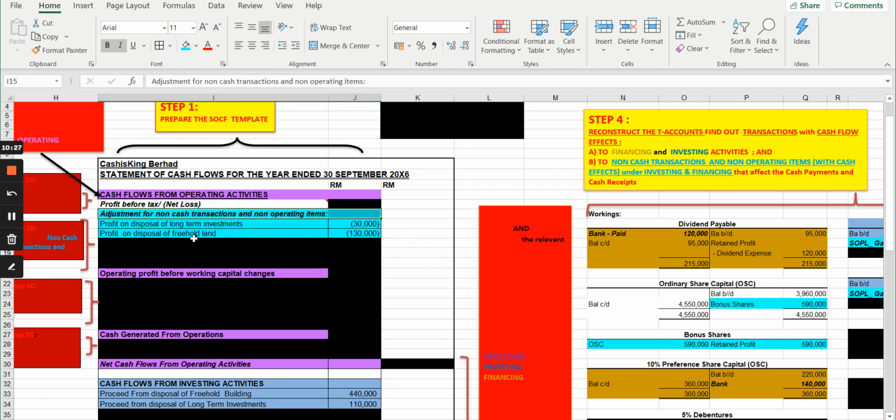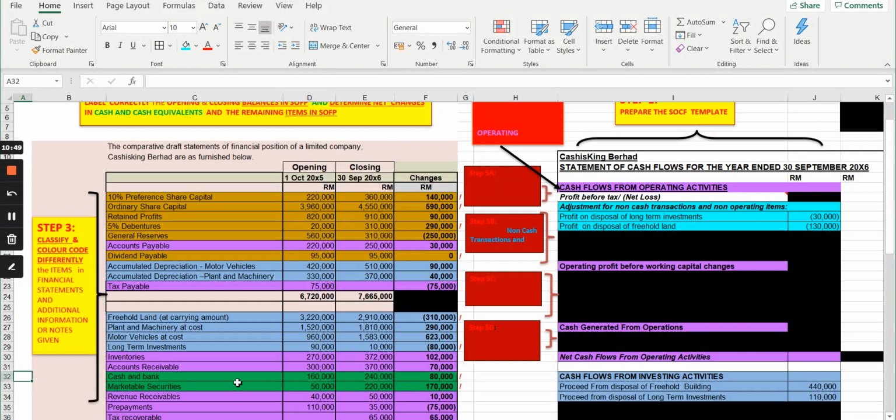These are the things that you should include. However, if you come across a loss on disposal, do it the reverse way, meaning that you need to add it back. For the freehold land and investment, there is no depreciation. So we are done with that. We can go to our next item.